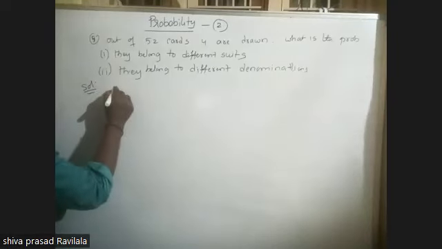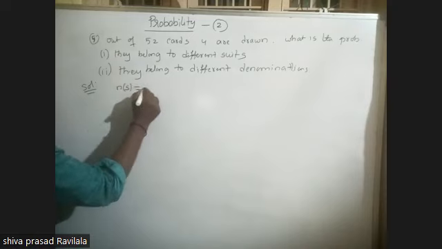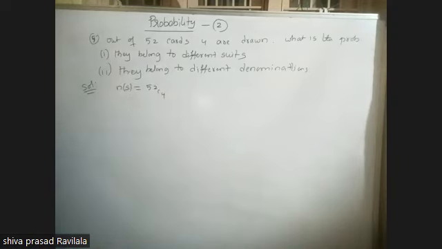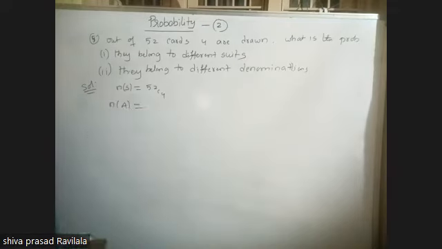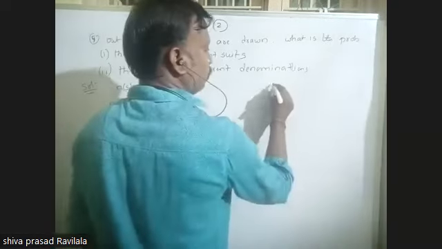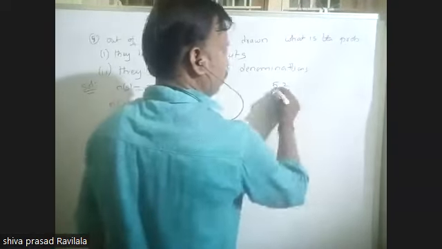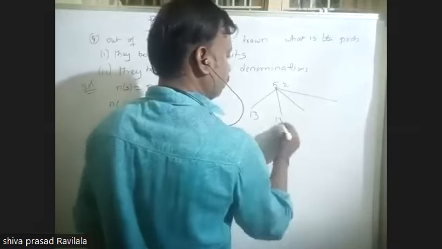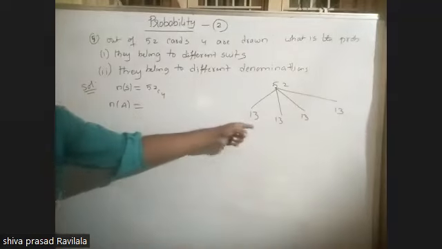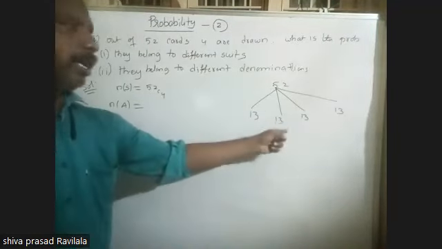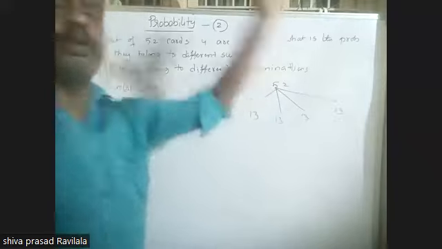Therefore, n of s is equal to 52C4. Then what is the probability that they belong to different suits? Here we have 4 suits, each containing 13 cards. Different suits means you select one from heart, one from diamond, one from club, and one from spade.